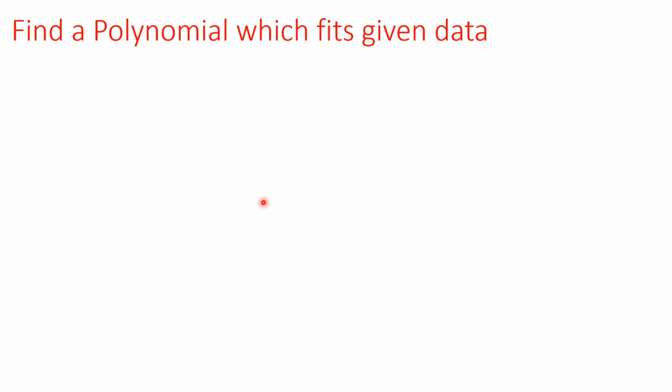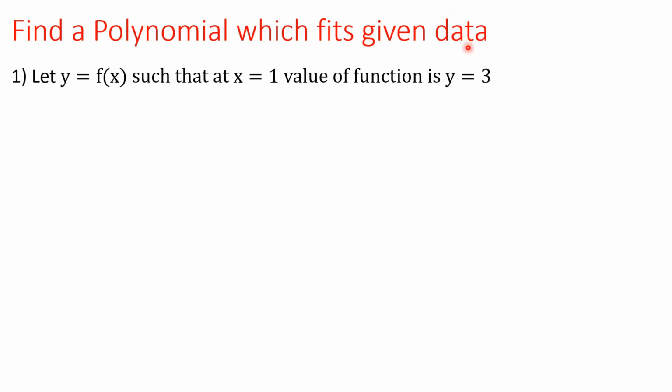So here we have to find a polynomial which fits given data. Suppose we have this simple example: let y be a function of x such that at x equal to 1, the value of the function y is 3. This is the only condition. x is equal to 1 and y is equal to 3. That means when input is 1, output is 3.